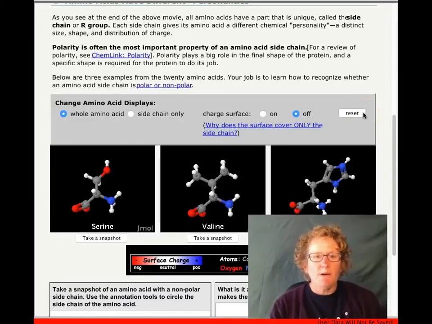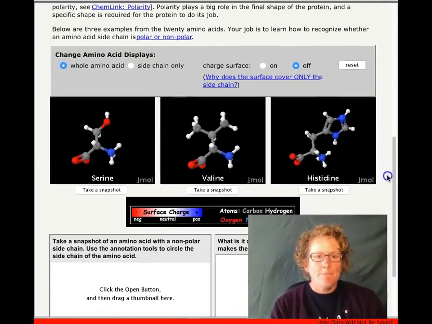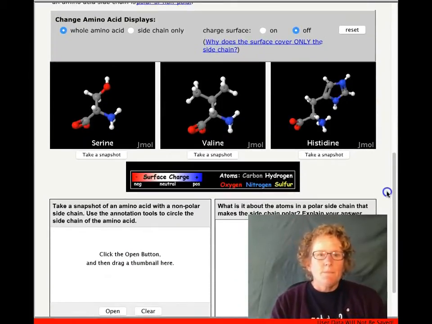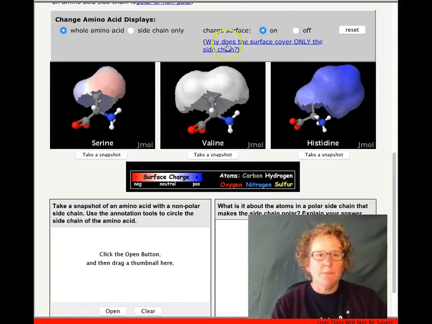An important part of that R group, or that different part of the amino acid, is its polarity. So let's check out the polarity of a couple amino acids here. So let's look at the surface charge. And we can look at the whole amino acid.